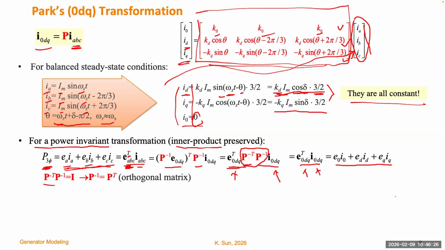So if this product is an identity matrix, think about it: this is like the inverse of the transformation, then transposed. Which means inverse then transpose is actually P itself. In other words, this transpose matrix is also the inverse of this matrix.